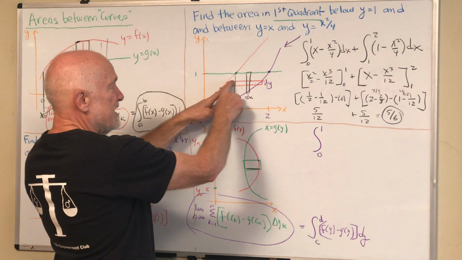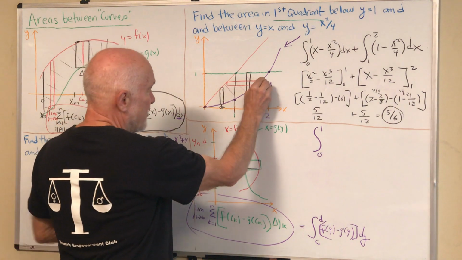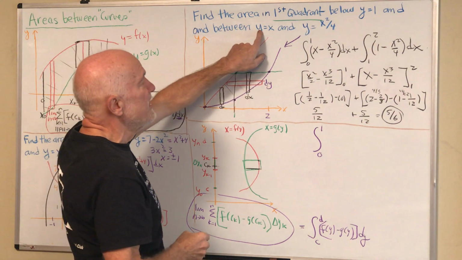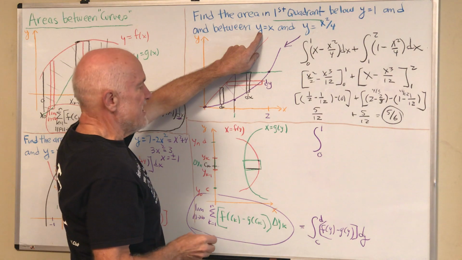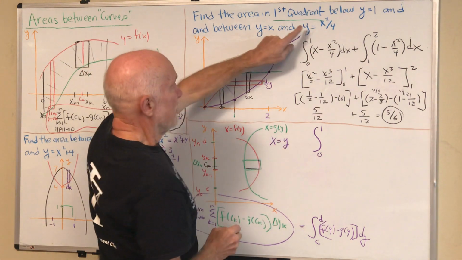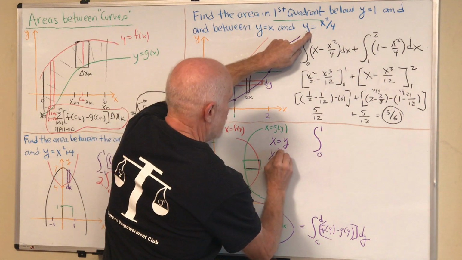What is the width of this rectangle? It's this x value minus this x value. So we have to have these solved in terms of x. Well, that one's going to be easy. X equals y.